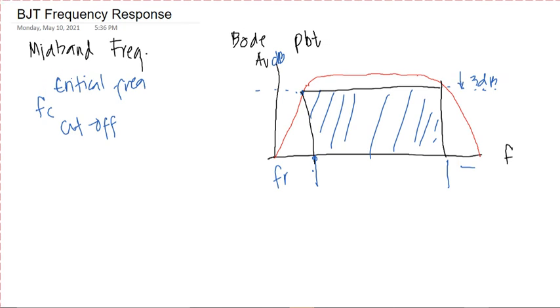As you can see in the graph, we have two: this one is your lower cutoff frequency and this one is your upper cutoff frequency. If we relate this to communication, this is the bandwidth that you consider, this circled part.